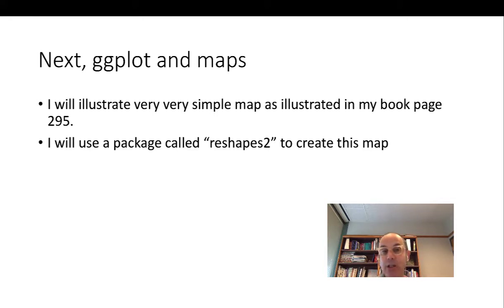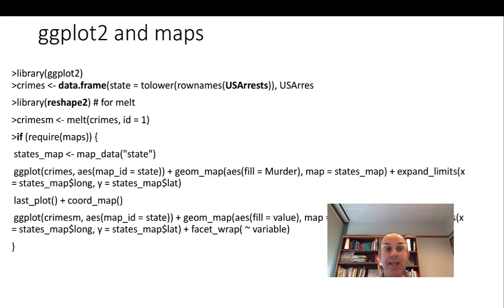I will illustrate a very simple map as illustrated in my own book on page 295. The package that I use to create this map is called reshape. So in this case, I'm calling the library of ggplot2.